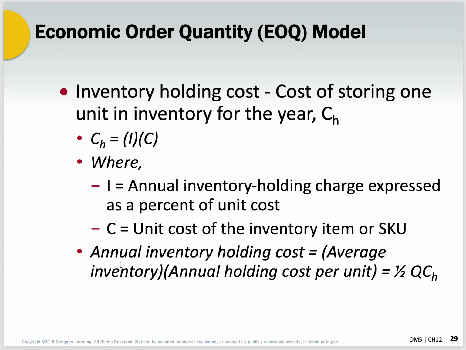So annual inventory holding cost is the average inventory times the annual holding cost. The average inventory is 1/2 times the quantity that you're ordering times the CH holding cost.